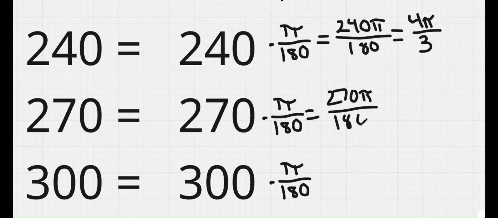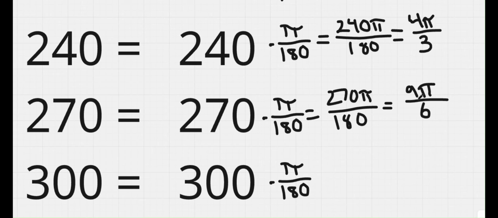Which can be reduced by finding the greatest common factor, and in this instance is 30. 30 goes into 270 9 times, so our numerator will be 9 pi, and our denominator will be 30 goes into 180 6 times.